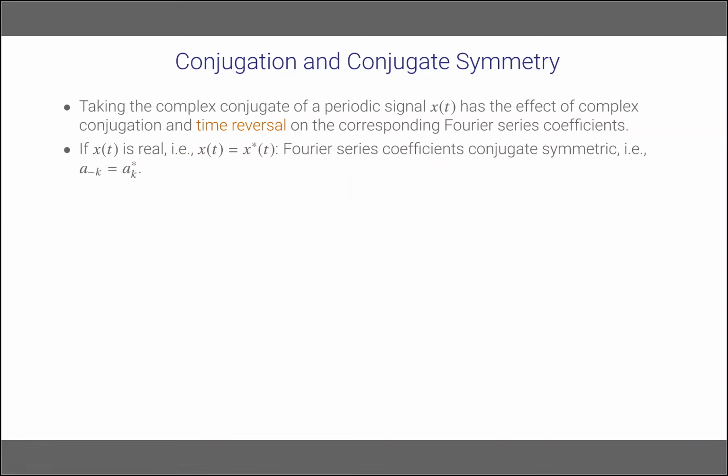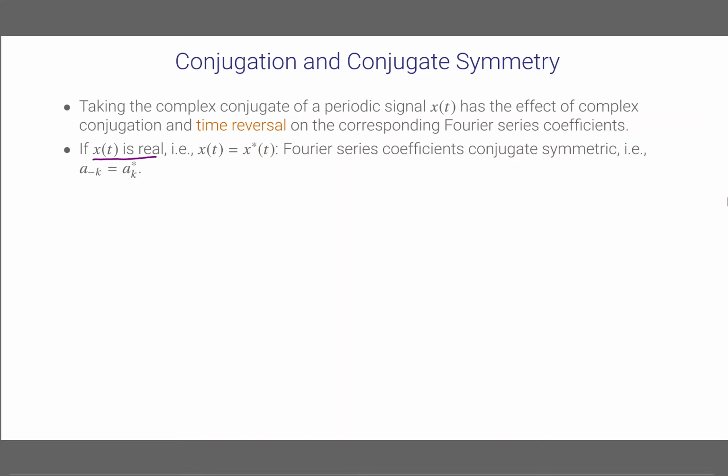So what this means is, if x(t) is real, then we know that x(t) is equal to x*(t), the complex conjugate. If you take a real number like 4, getting the complex conjugate does not matter, you get the same thing. The Fourier series coefficients are conjugate symmetric. That means a_{-k} = a_k*.